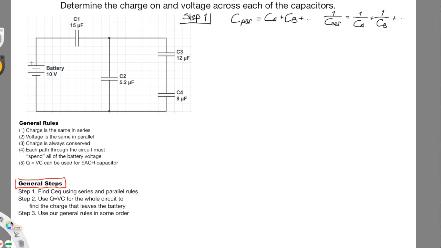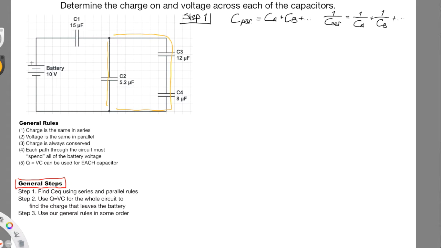Another thing we could think of is maybe 2 and 3 are in parallel with each other, because we have this path over here through C2 and this path over here. C2 is on this side of the parallel path, but it's too early to combine C2 and C3 in parallel because C3 isn't the only thing on this path over here. There's C4 there as well.